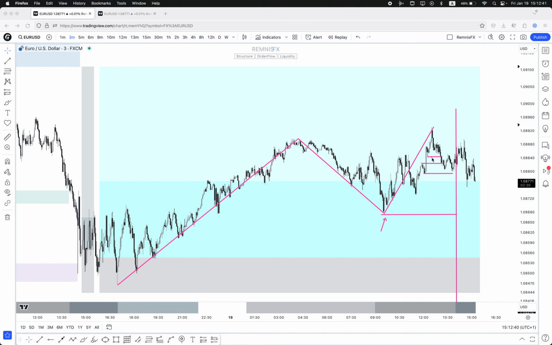Yes, there was a fair value gap between liquidity and my POI here, but imagine how many retail traders, but also smart money traders, were looking at price action like this. So we had our BOS here, and they probably see this also as a BOS, and that's why they think, well, this was that order block where the strength came from, to break both this and this one to the upside as a BOS.